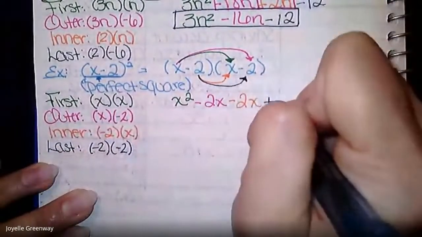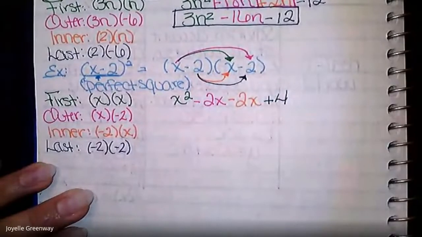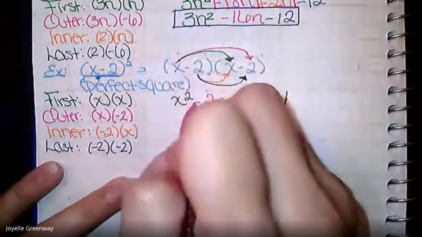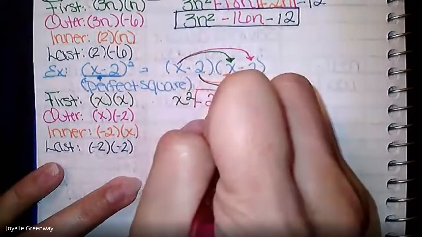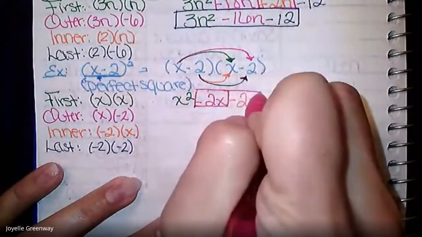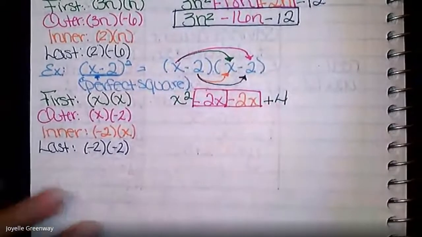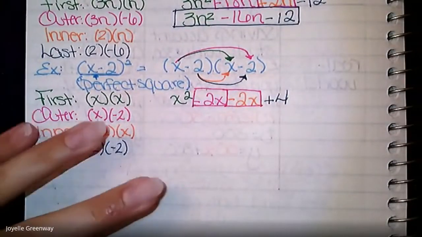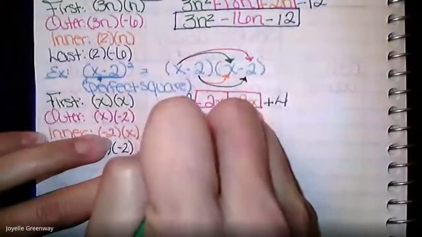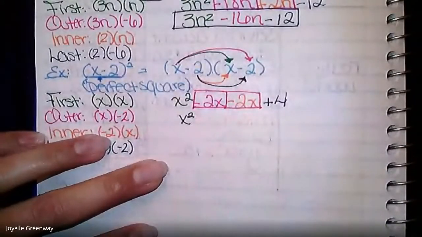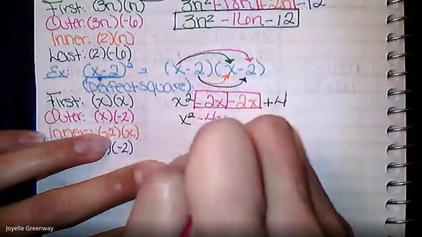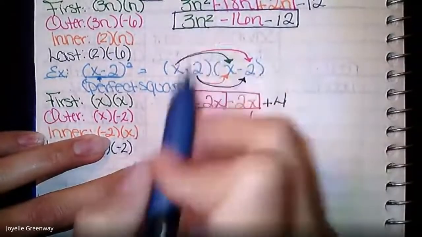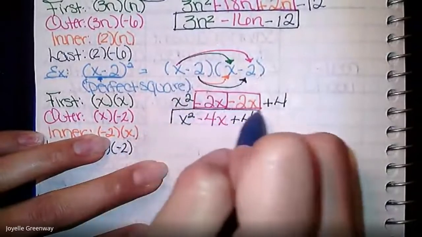And that gives us a positive 4. Okay? So now you combine like terms. Negative 2x minus 2x. Please do not say 0, right? So you would get x squared minus 4x plus 4. Okay?